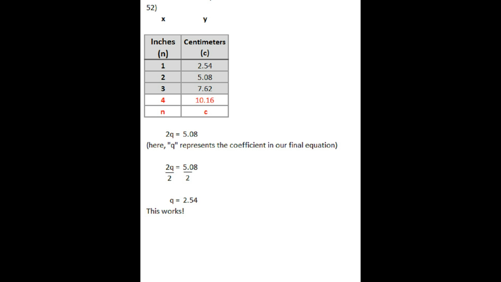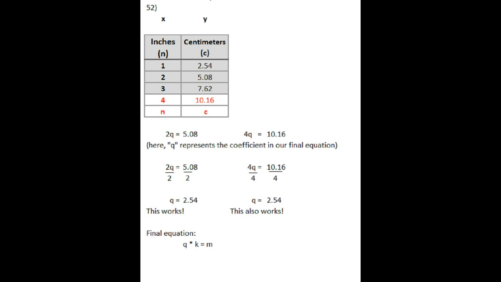And we get 4Q equals 10.16. So I'm just going to choose another point to make sure that that works. 4Q equals 10.16. Divide both sides by 4. And we get the same number back. All right. So what we do here is plug in that 2.54 into our coefficient.